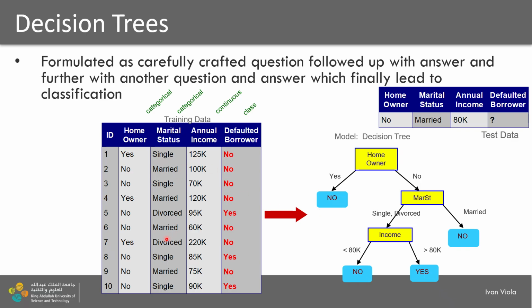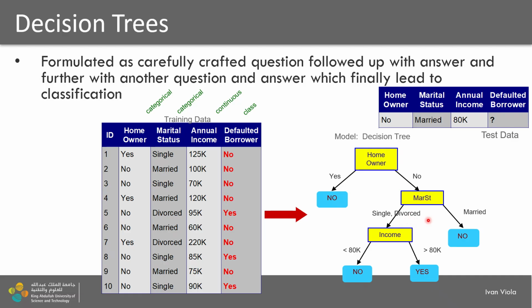Based on this training data, maybe not generally applicable, everybody who was married was able to repay the loan. Therefore, even if they are not homeowners but they are married, they will likely not become defaulted borrowers. The prediction will be that they will actually be able to repay the loan.